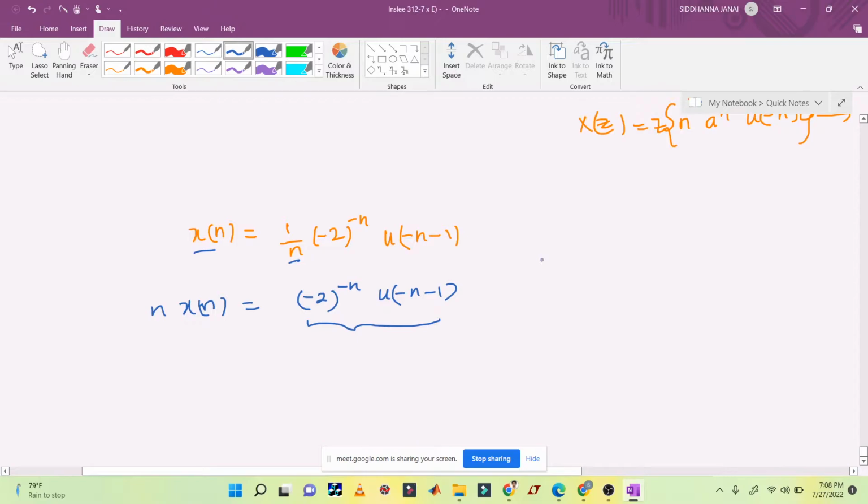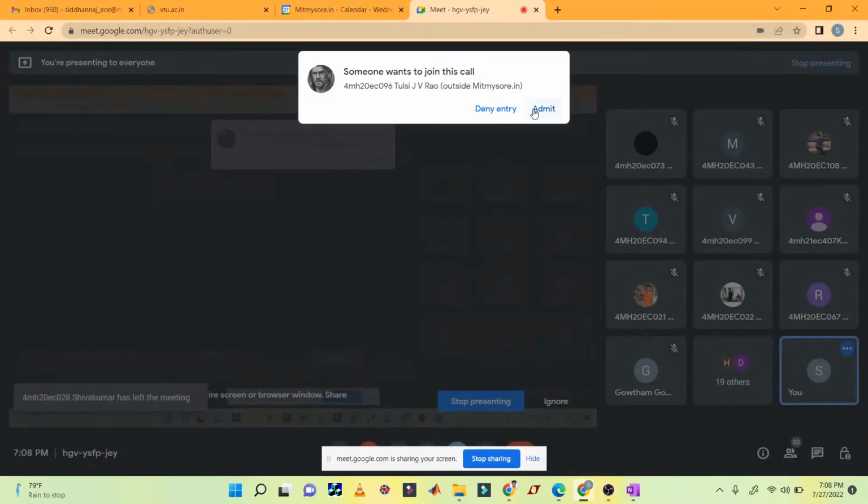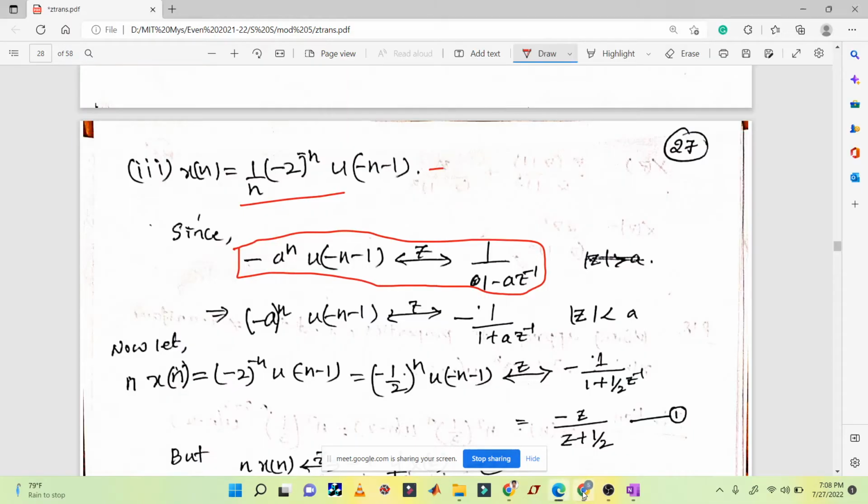So how to find the z transform of this one using properties? We know there is a property: minus a to the power n u of minus n minus 1, its z transform is 1 divided by 1 minus a z inverse.